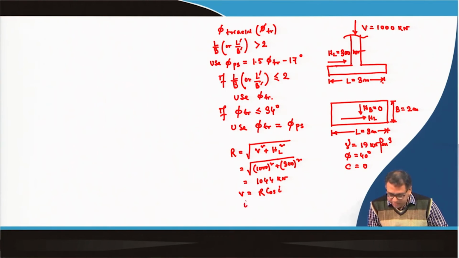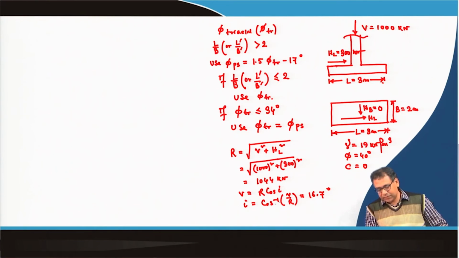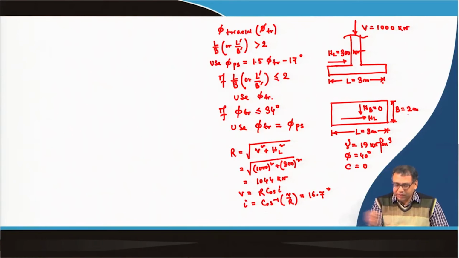So i is equal to cos inverse V by R, which is equal to 16.7 degrees here. So the angle with the vertical is 16.7 degrees, and the resultant or inclined load is 1044 kilonewton. But as we are using Hansen's equation, we will use it this way.